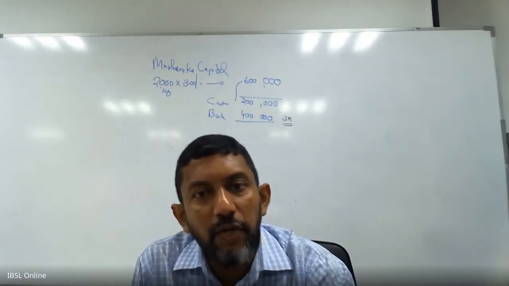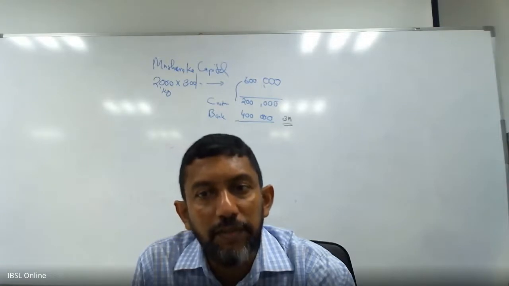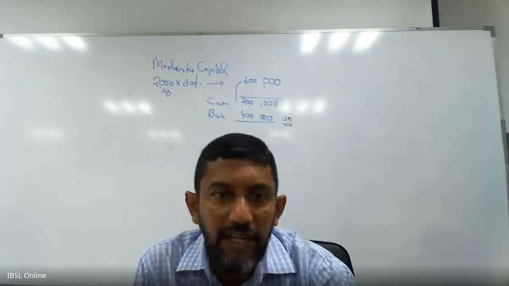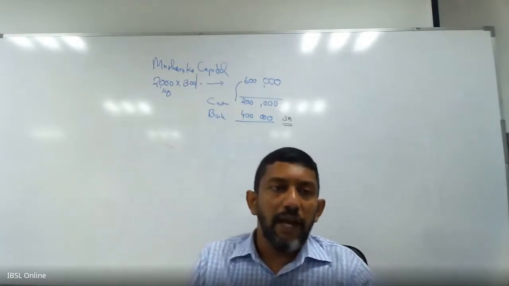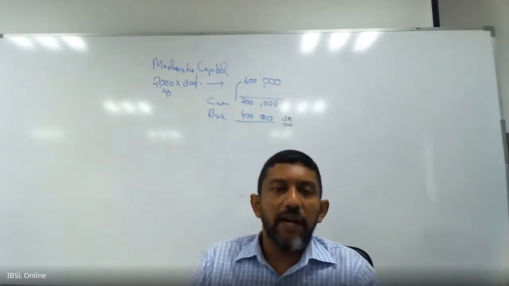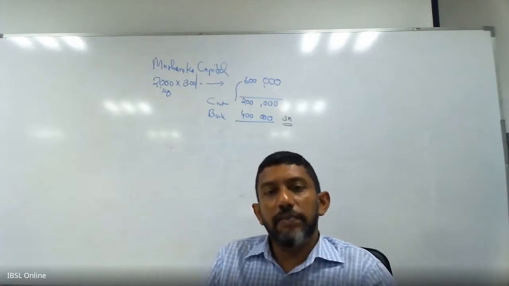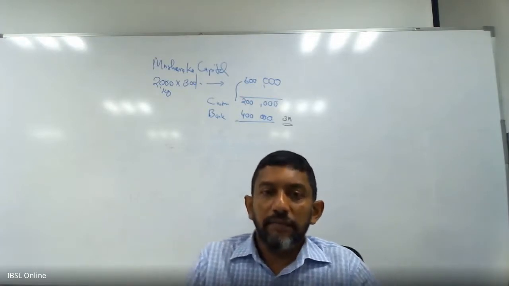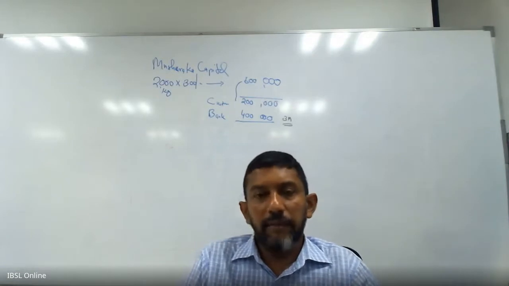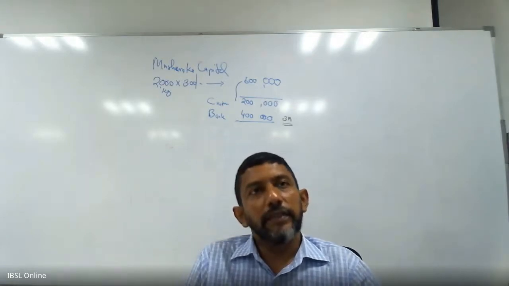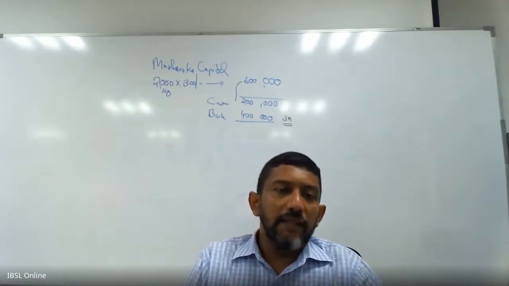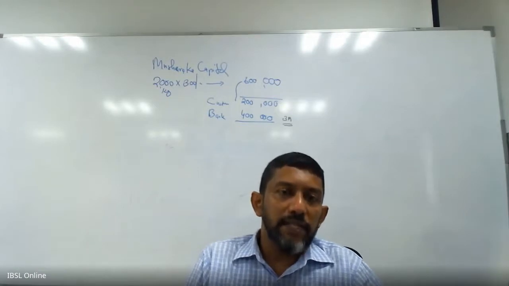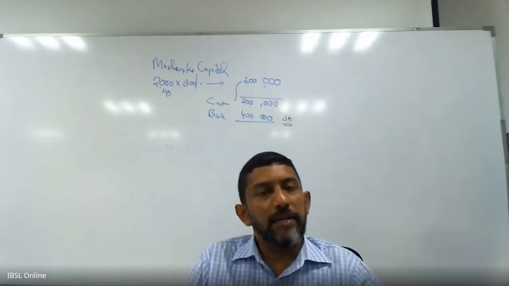So the first question is, what do you understand by a Musharaka facility offered by an Islamic bank? For this, you have to write a few basic sentences. The definition is already there in the previous slides. You can write it's an advanced product offered by Islamic banks based on the principles of profit and loss sharing, a type of partnership.